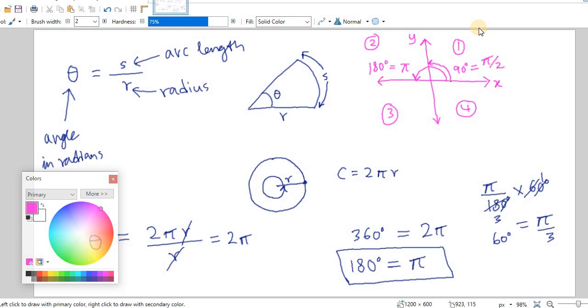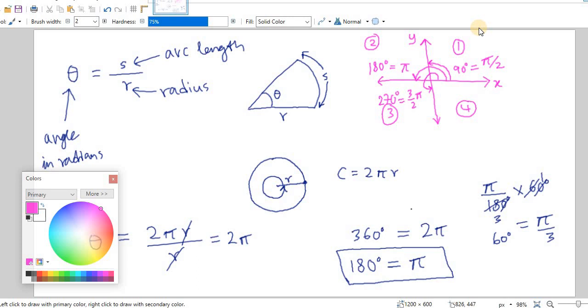radians. Then if you go from here all the way up to there, half plus half is 1, then plus another half, which is 3 over 2, or 1.5 radians, and this is equal to 270 degrees.